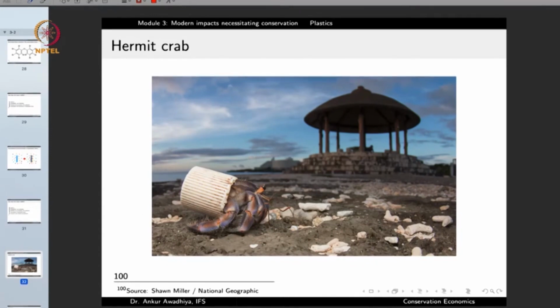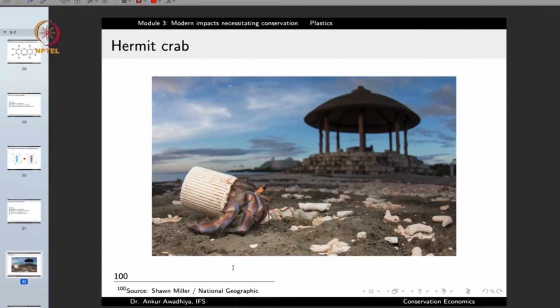Now, hermit crabs have this property that they make use of different shells of organisms as their protection layers. If you watch a hermit crab, in most situations it would make use of the shell of certain mollusk animals, and it will get inside these shells, and these shells will provide protection to the hermit crab.